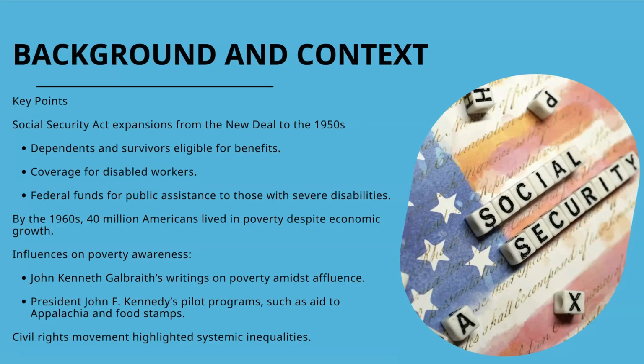You have federal funding for public assistance to those with severe disabilities. And the civil rights movement highlighted systemic inequalities, for example, Dr. Martin Luther King's I Have a Dream speech in 1963, which underscored the economic and racial disparities.